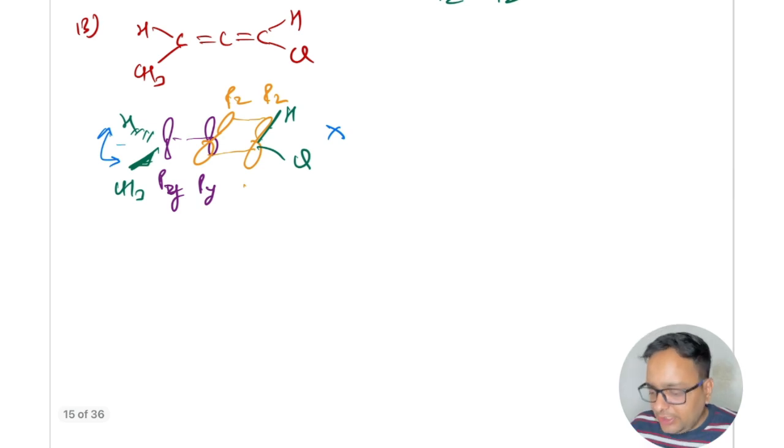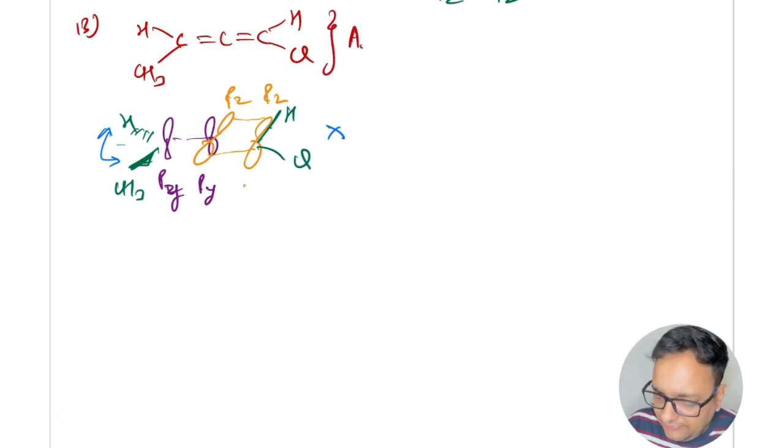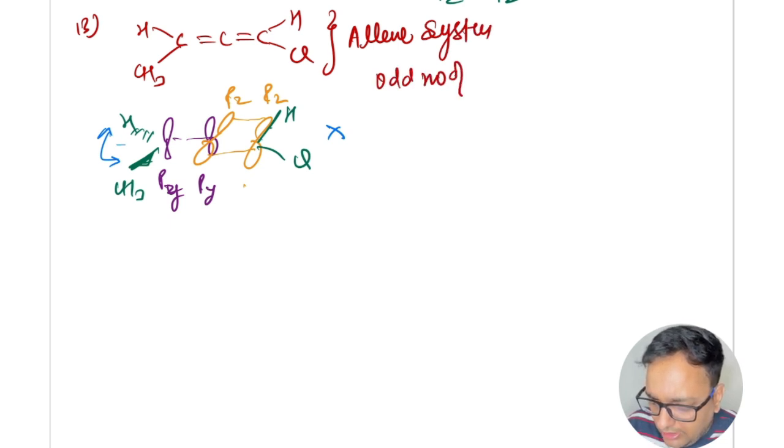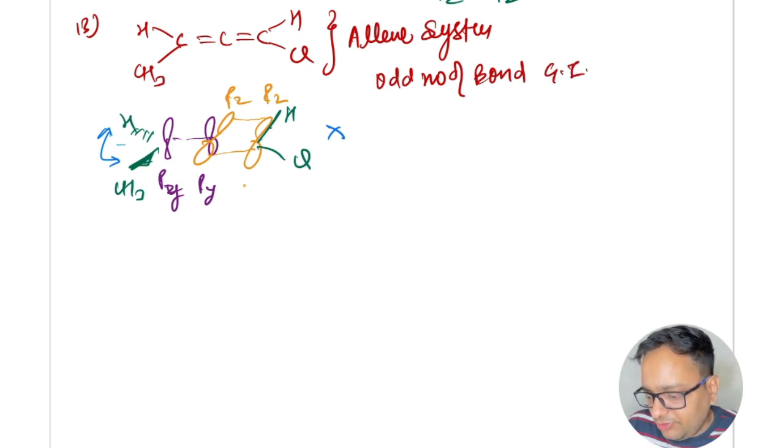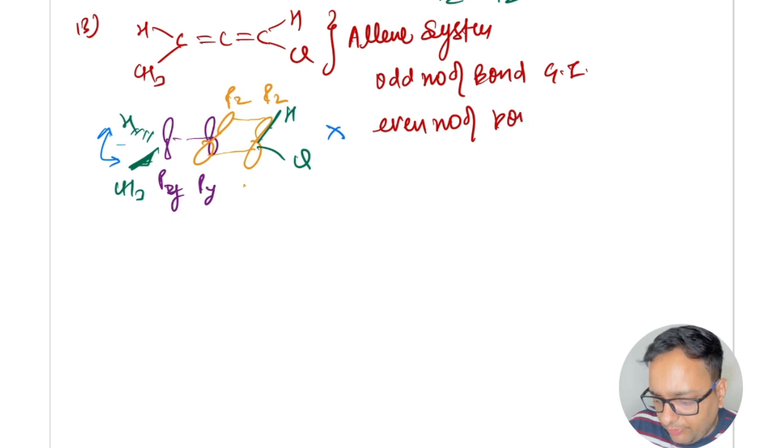So what is the key point? The key point is that in an allene system, when we have an odd number of double bonds, it will show GI, and when we have an even number of double bonds, it won't show GI.